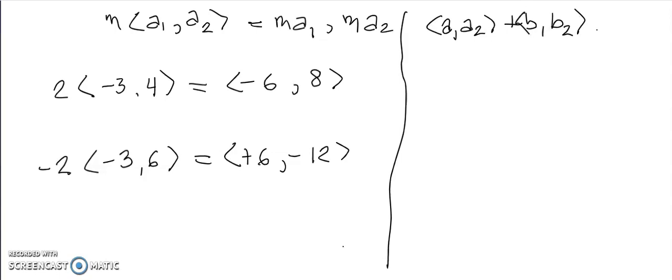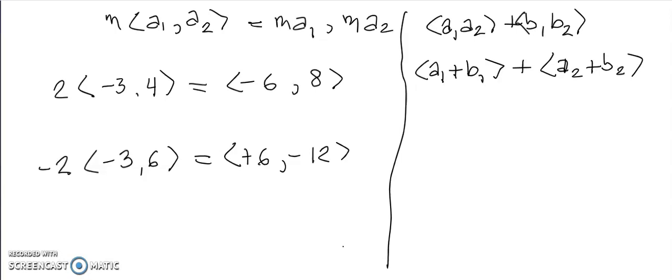So we will have a sub 1 plus b sub 1, in our ordered pair x sub 1 and y sub 1, right? And then we have a sub 2 plus b sub 2.